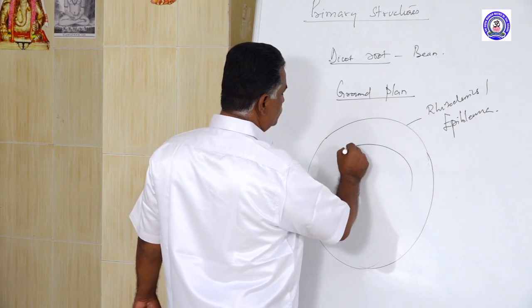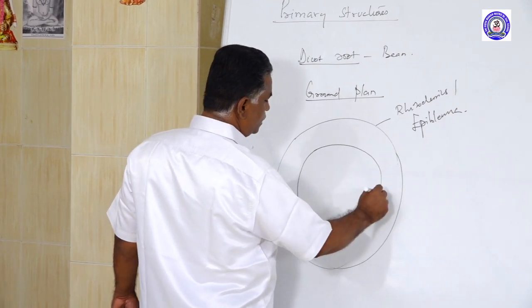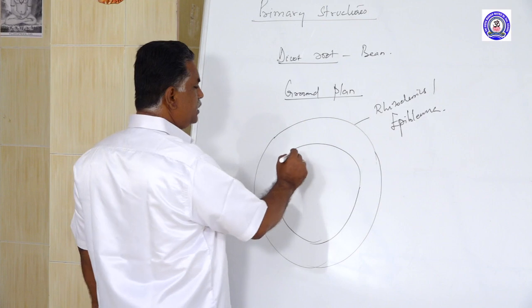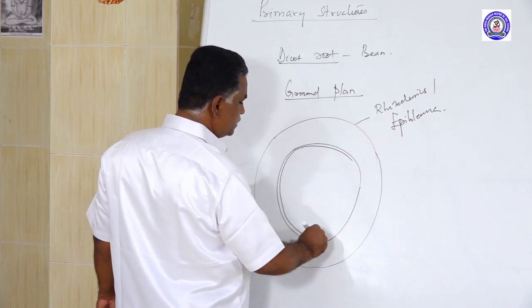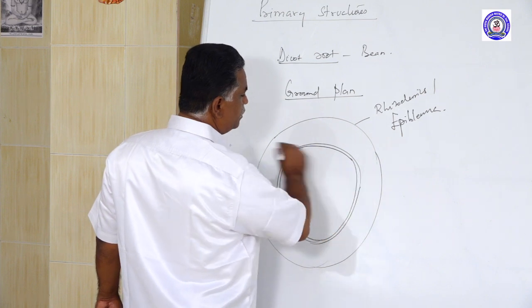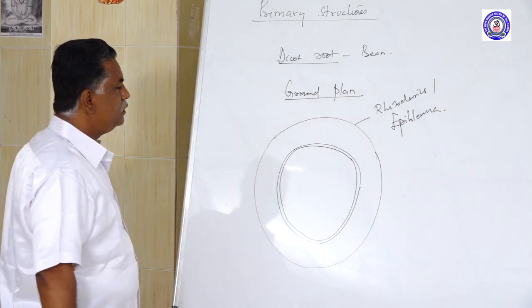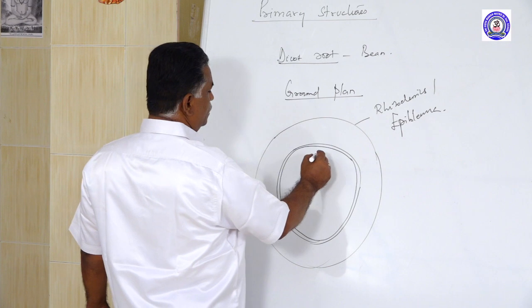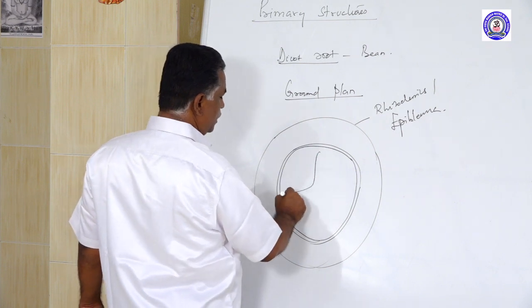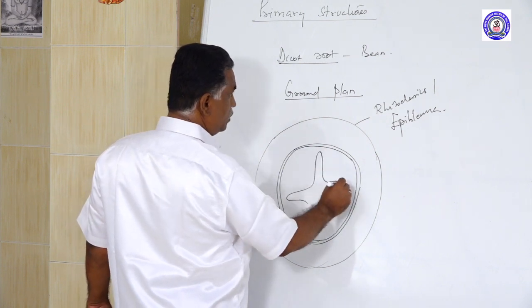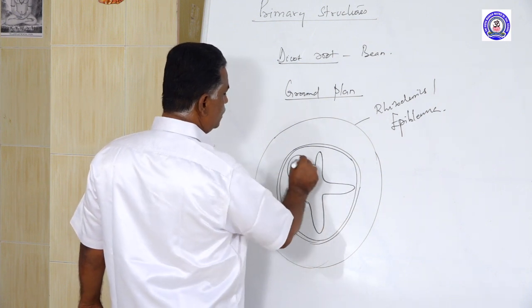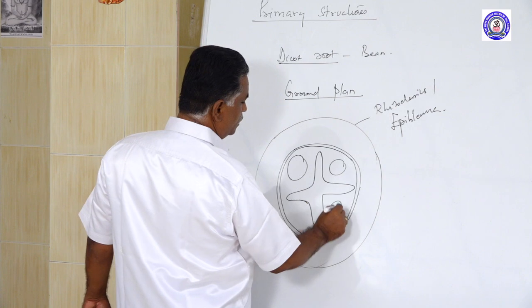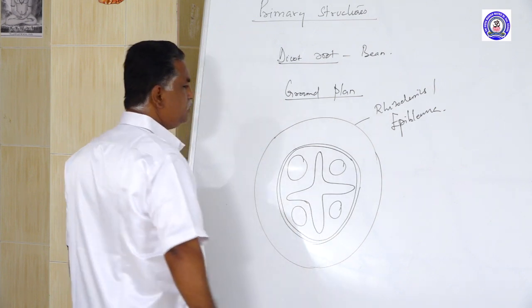Next to that is a layer. This is endodermis. Inside the endodermis there is pericycle. And here we will have the xylem and phloem. So we will explain that in detail afterwards.